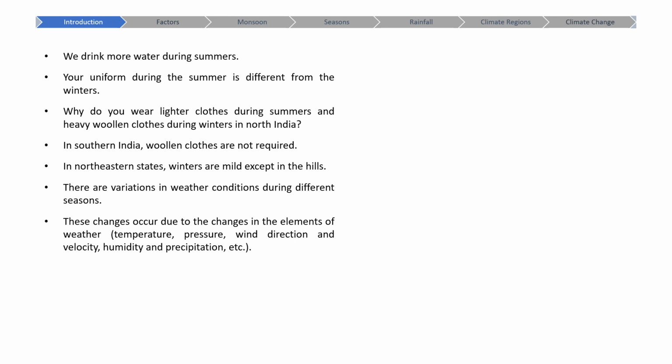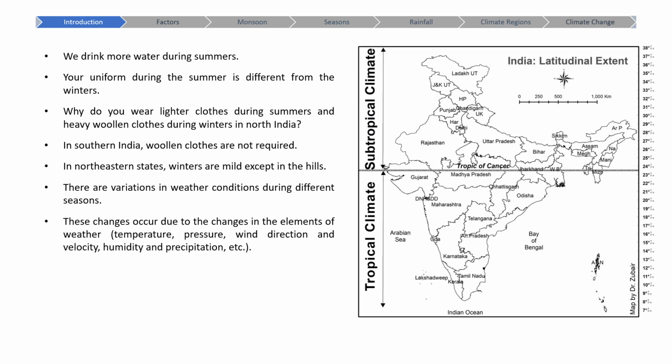This is the introduction part, and this is the map, because geography and maps are very related. I will take the text on the left side, and on the right side I will show you the map. Take it easy, release your pressure, and listen to me, just to enhance your knowledge. Let's begin with a question.